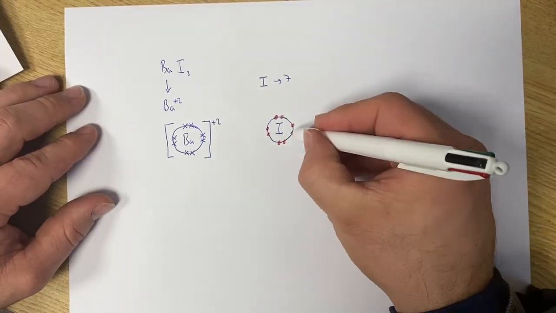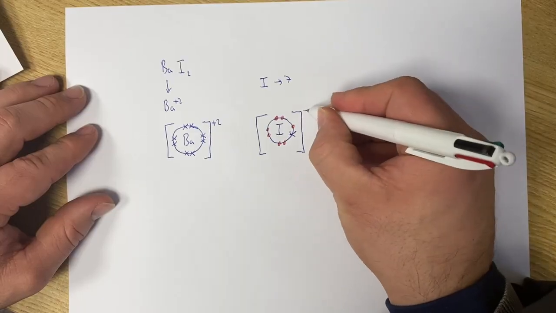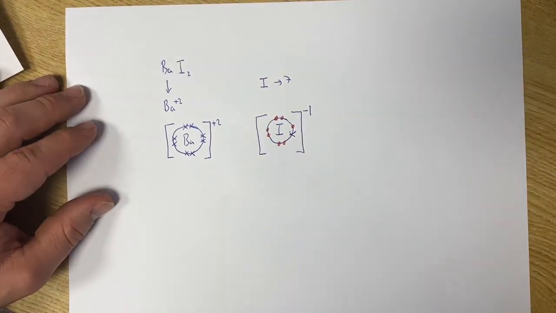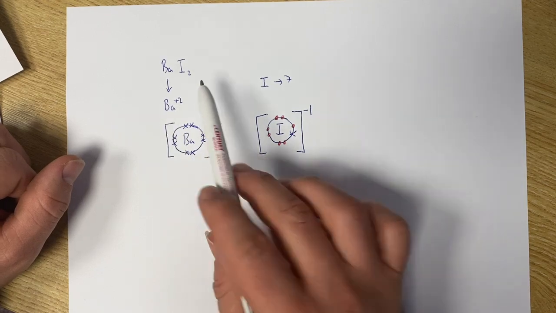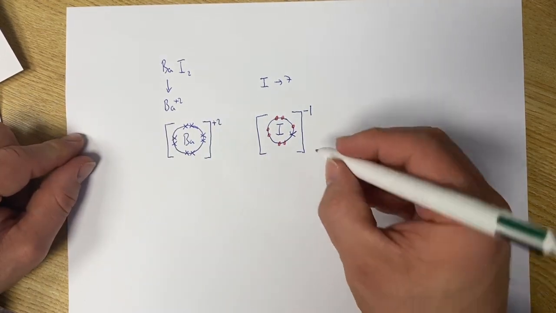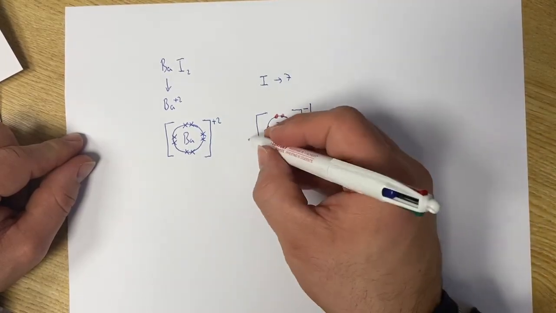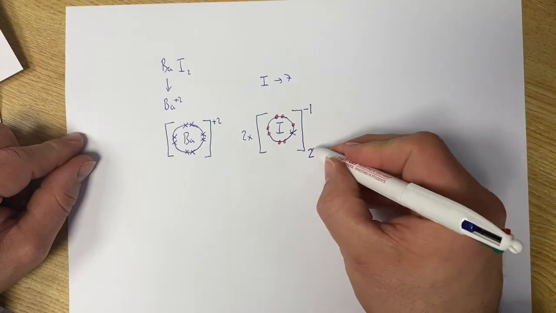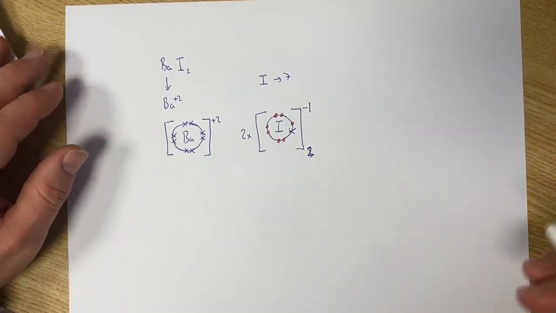I need to put 1 cross in there, and then I put minus the number of crosses, which is 1. Now one extra thing to think about is that in the formula it's I2, so I could draw iodine twice here. Another way of doing it is I could just put 2 in the bottom right hand corner, or put times 2 in front. Either of those is acceptable, just to show that there's 2 of those.